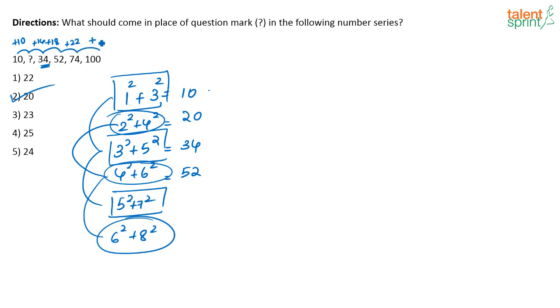Next will be plus 26, yes. So plus 4, plus 4, correct? 10 plus 10, 20, 20 plus 14, 34, 34 plus 18, 52. So this logic is easier, far more easier than the one that I gave. Very good, Karthik. Good method.